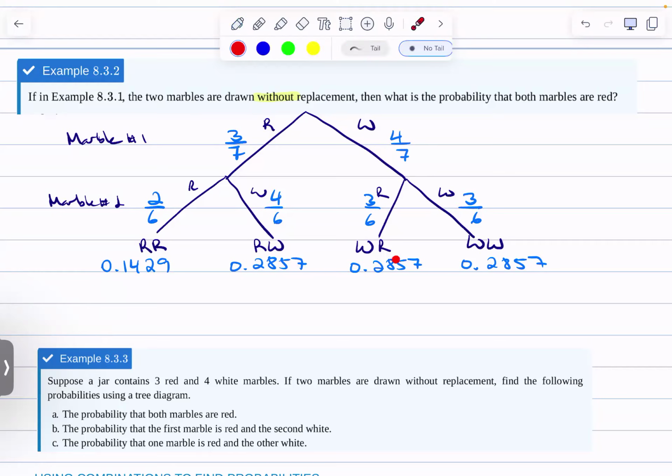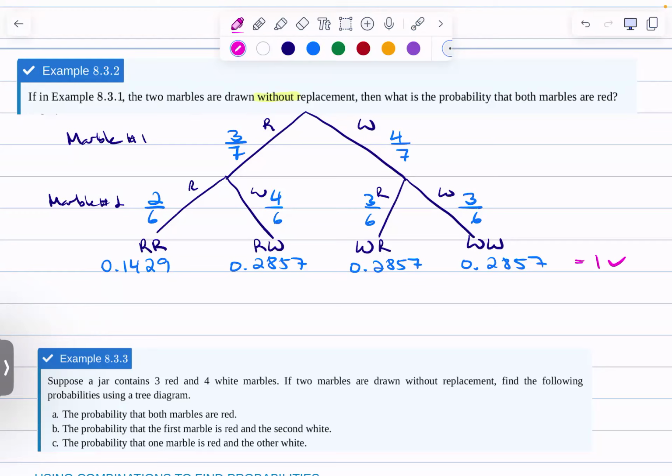Make sure that I'm happy with my probabilities here, which I'm going to use to answer a lot of other questions. Let's make sure that they all add to 1, or at least roughly, since we did some rounding. 0.1429, 0.2857 times 3 equals 1.